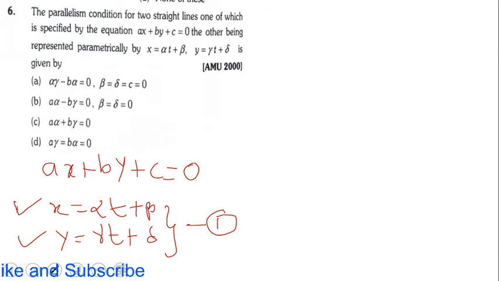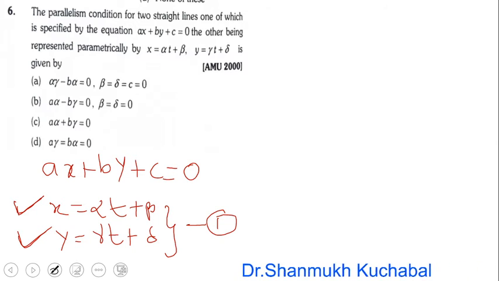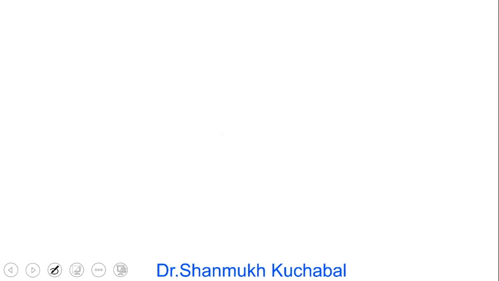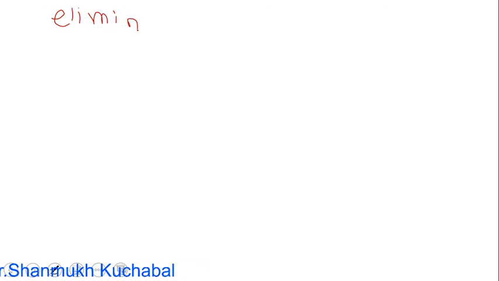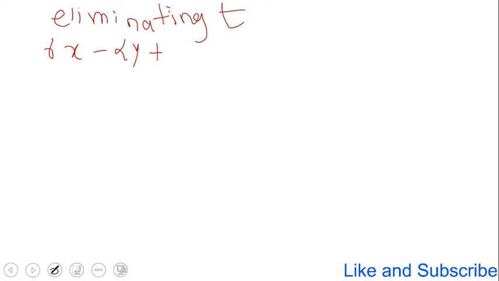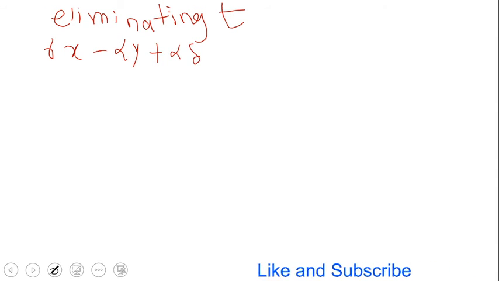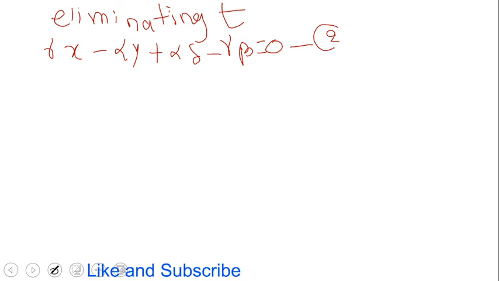Eliminating t, we will get the equation gamma x minus alpha y plus alpha delta minus gamma beta equal to 0. I call this equation 2.